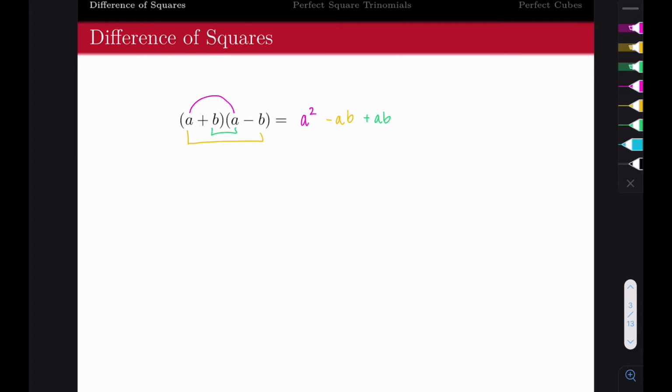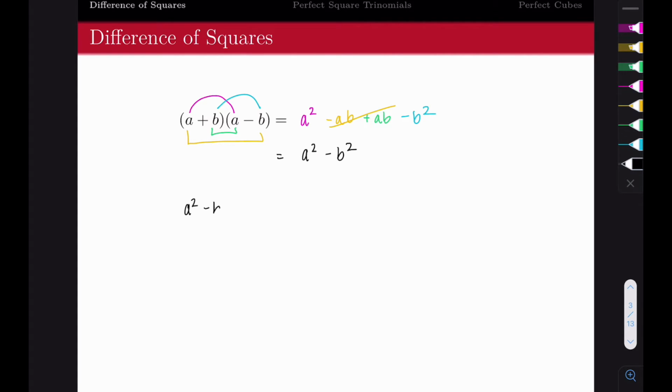And then the last term is minus b squared. So the outer and inner are exactly the same thing, but opposite in sign, so they cancel each other out. That leaves us with a squared minus b squared. Okay? So this is exactly what our difference of squares is.